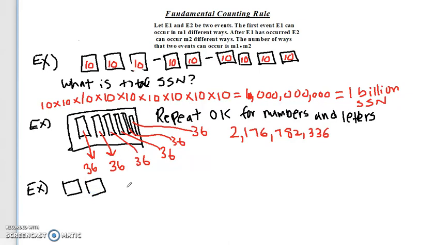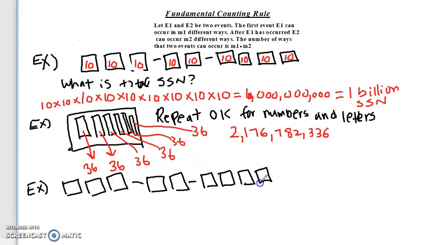So let's say we have a telephone number. We want to find out how many numbers are possible within a given area code. Let's say we have the area code of 530.